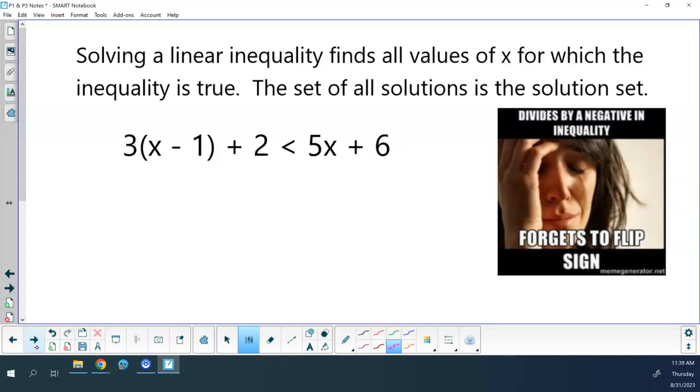Solving a linear inequality. Now the only thing that's different is we've got this inequality. Still, what we do to one side, we do to the other. That golden rule still applies. The only thing different with inequalities is we add one more rule.